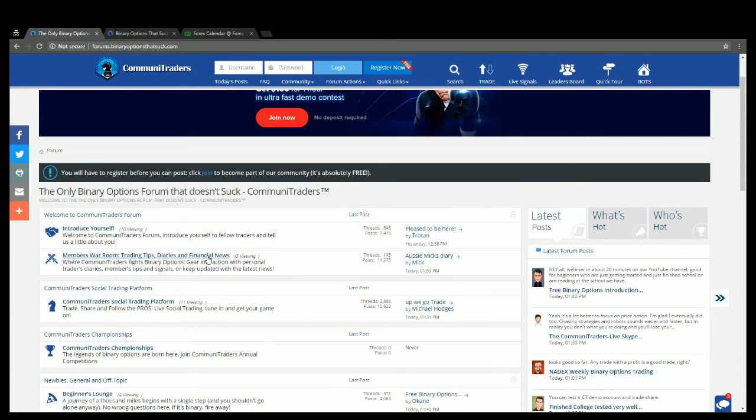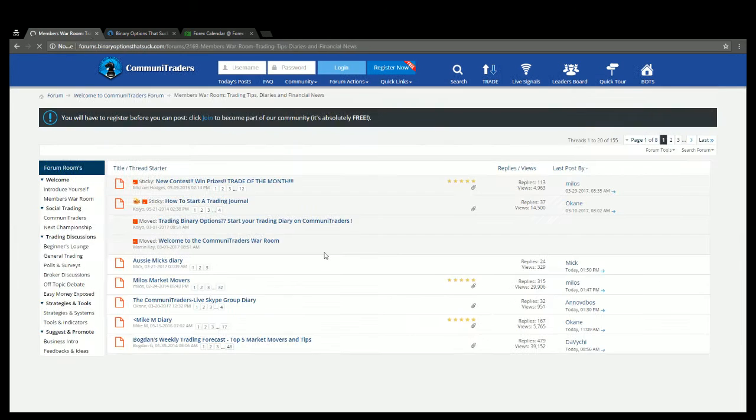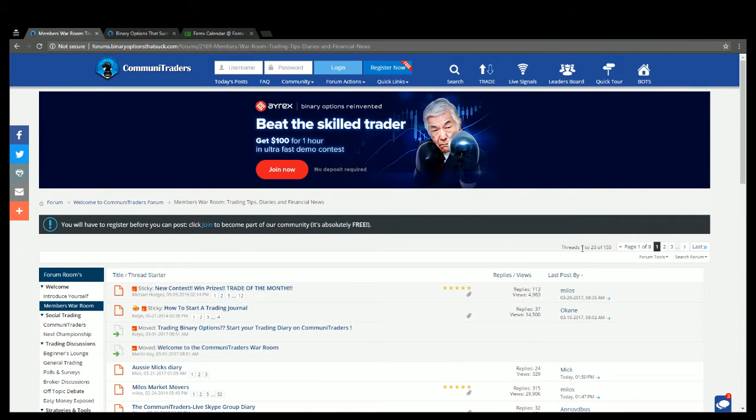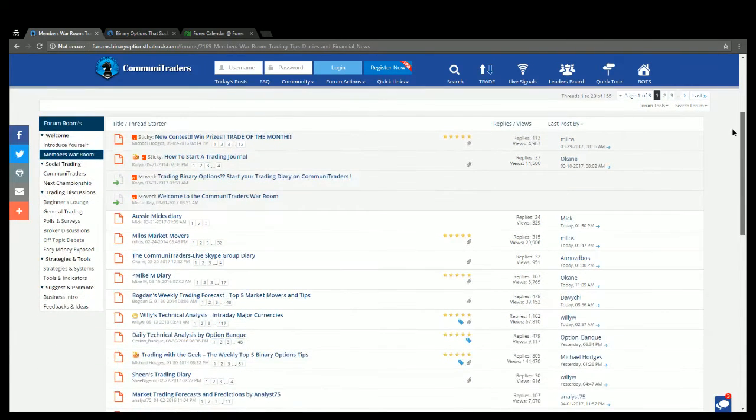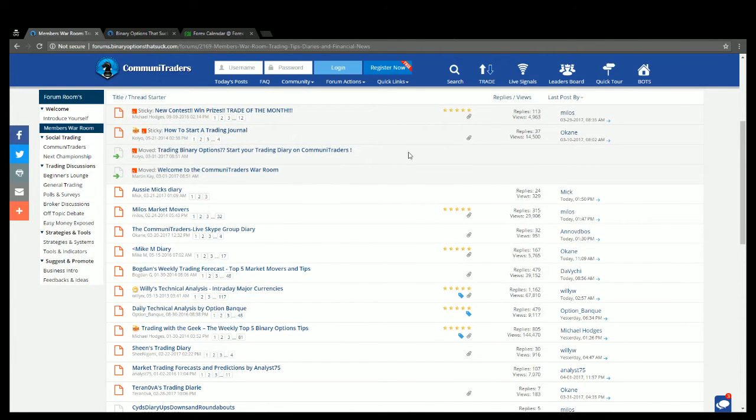I actually help a lot of traders here, so if you join the forum, which you should definitely do if you want to get better, become a better trader, go to the forum. You will find a lot of traders here. I try to give people as much feedback as possible in their diaries, to try to improve their entries, expiries, using price action.